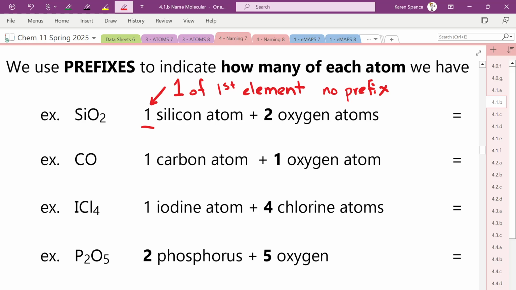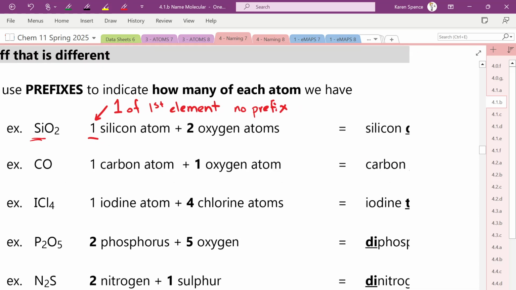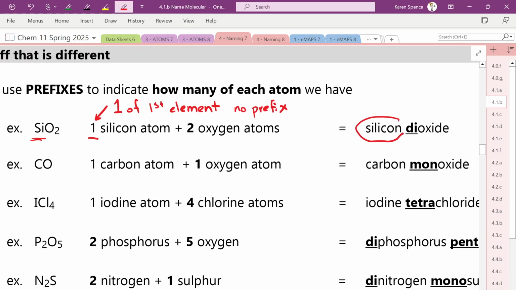This is the only part of covalent compounds that makes it kind of icky, okay? One of the first element, no prefix. So this is just going to be silicon. And now we know that we have 2 oxygen atoms. What is the prefix for 2? Di. So it's dioxide. Yes?